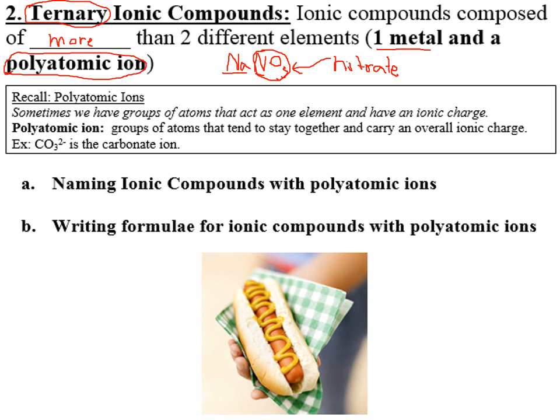So what we're going to be doing here is taking a look at how to name ionic compounds that contain a polyatomic ion and write formulas for ionic compounds that contain polyatomic ions. This is another example of a polyatomic ion over here, CO3 2-. It looks like a compound, but it's not. It's just a group of atoms together, so polyatomic meaning many atoms together, ion that have a charge.